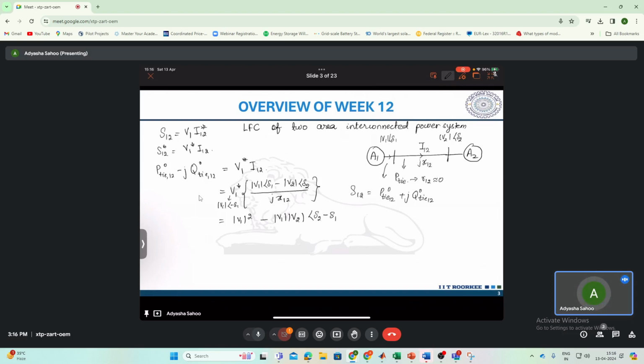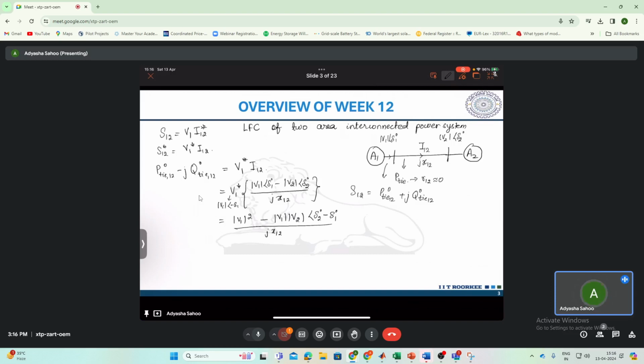Let these initial angles be represented by delta 1 naught and delta 2 naught, so here also you get delta 1 naught and delta 2 naught, divided by jX12.